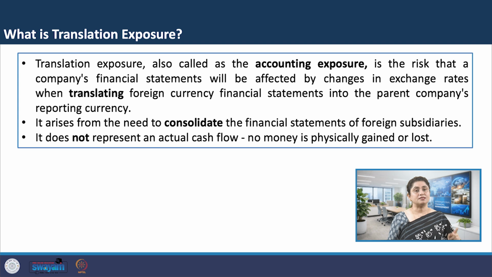Second, translation exposure does not represent an actual cash flow. No money is physically gained or lost. If the rupee strengthens against the dollar and the US subsidiary's assets translate to fewer rupees, no rupees have actually left the company. It is a book entry, a change in the reported number.